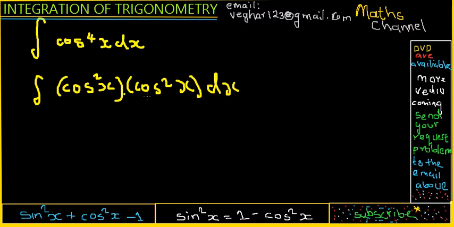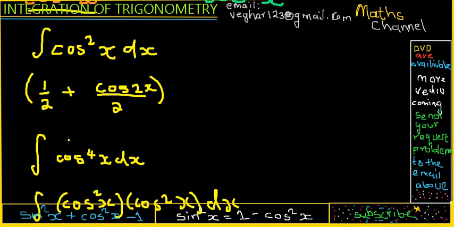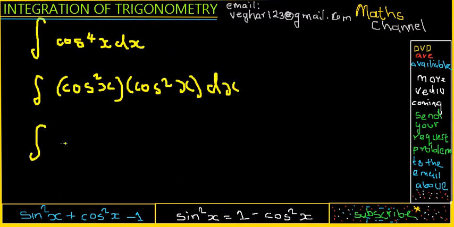You replace it, and then you multiply all of them, like you will add like this.